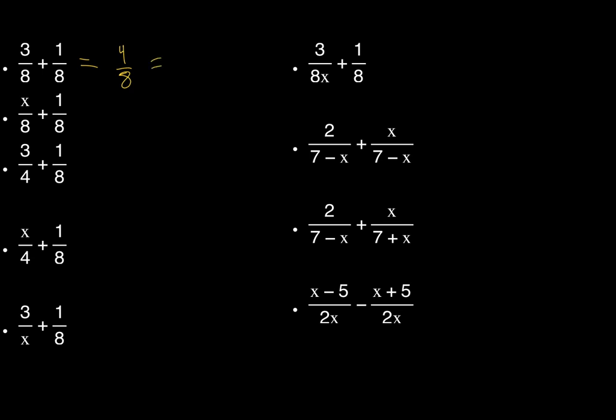I will, believe it or not, be okay with this. If you don't reduce it, that's fine with me, if you just leave it as 4/8. We'll always reduce and simplify our rational expressions, but just actual numbers for fractions don't bother me as much.